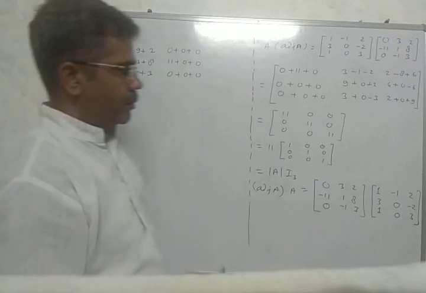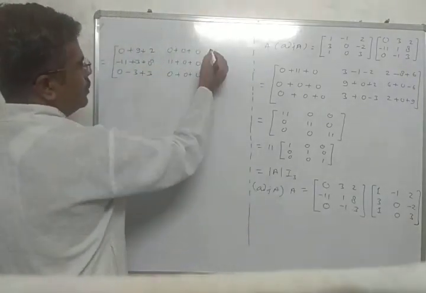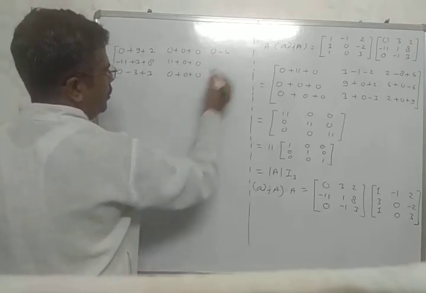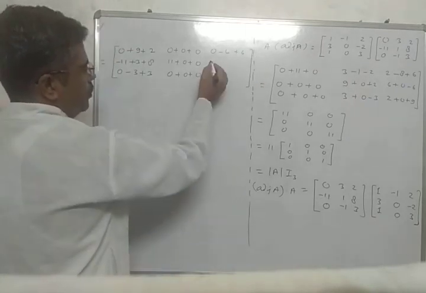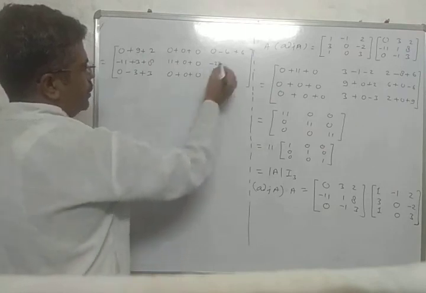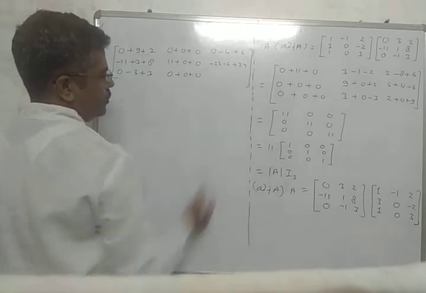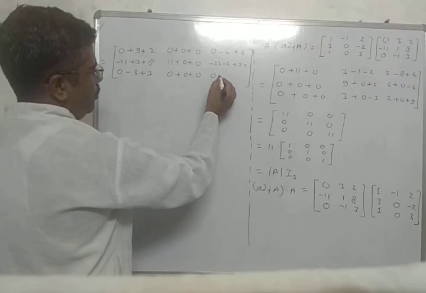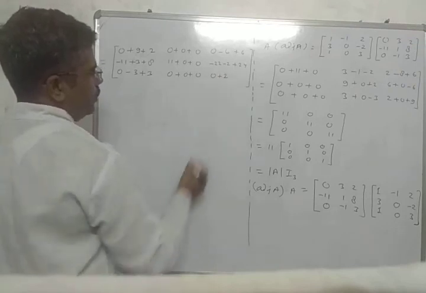We multiply the last column, we have 0 minus 6 plus 6, minus 22, minus 2, plus 24, 0, plus 2, plus 9.